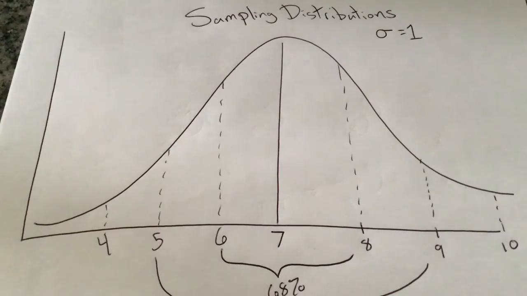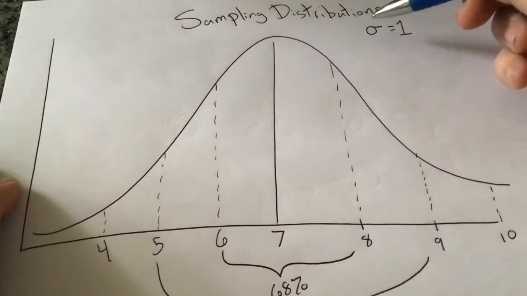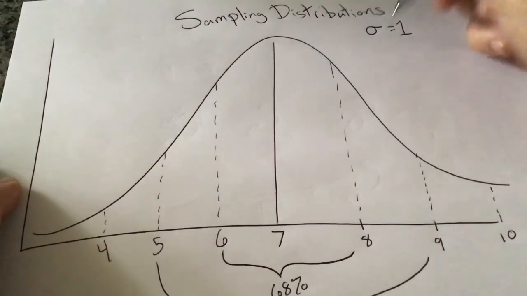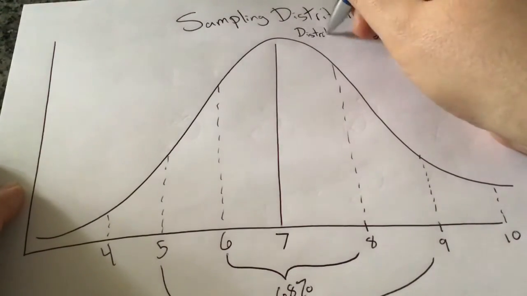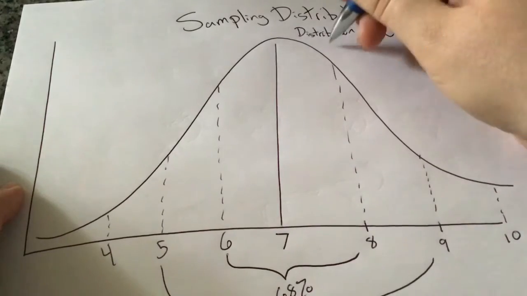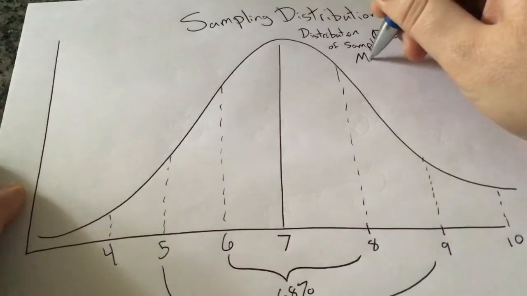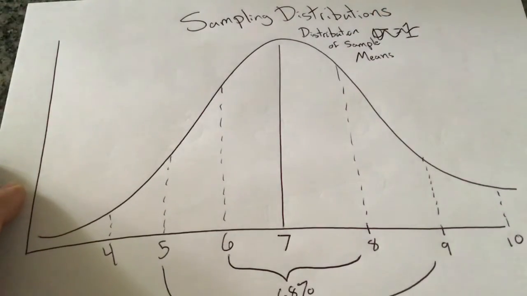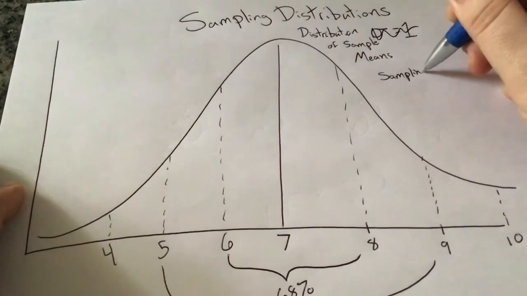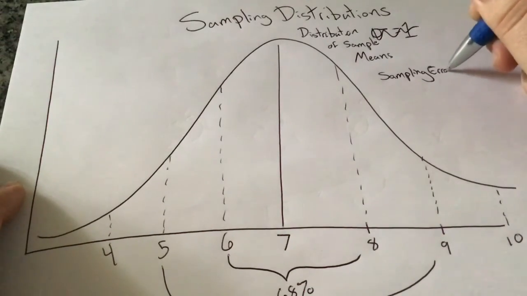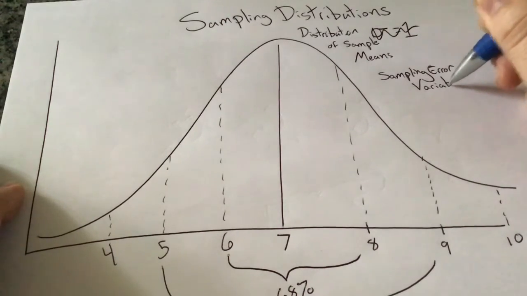So the couple of other terms that I want to make sure we get down today: not only is this called a sampling distribution, because it is a distribution of sample means, but also we want to talk about the term sampling error, that is also known as sampling variability.